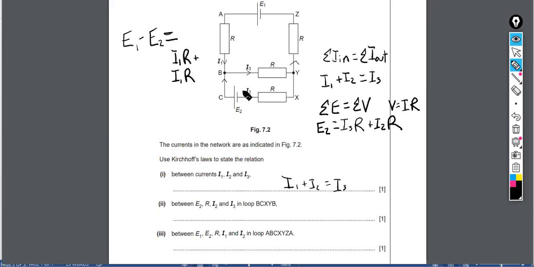We've also got a negative I2 going through a resistor right down here. So it's I1R, negative I2R, I1R again. The direction of the current in this bottom loop opposes the direction of the current here, so we need to account for that thusly. This equation right here would be number 2.